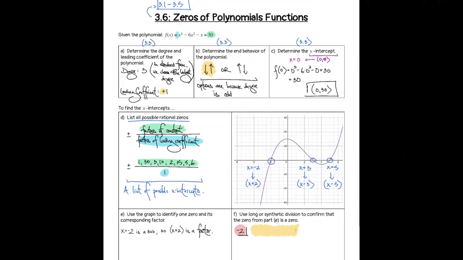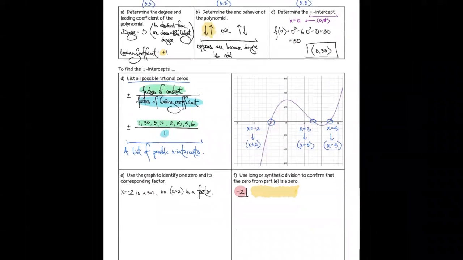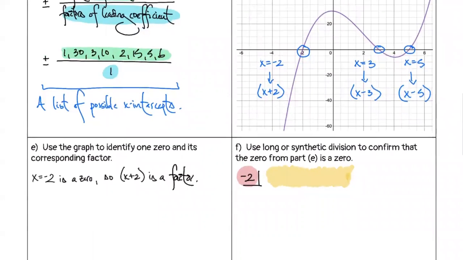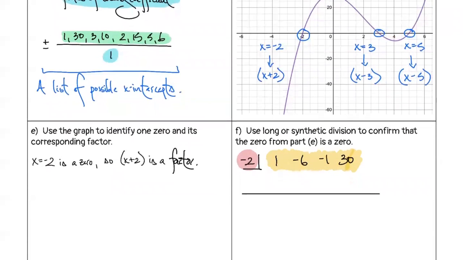Okay. 1, -6, -1, and 30. Skip a line, draw a line. All right, first things first, we're going to bring that 1 right down.